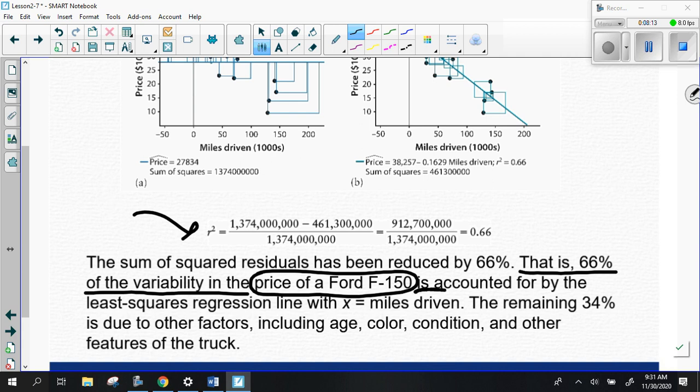So this is the sentence that we're looking for. If you're being asked to interpret the r squared value, you're going to be looking for a sentence just like that. You're looking to make one.